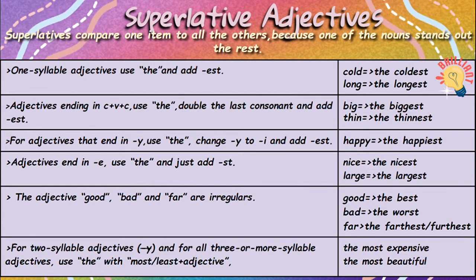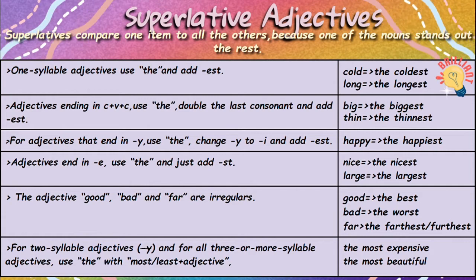Big becomes the biggest. Thin becomes the thinnest. For adjectives that end in y, use the, change y to i and add est. For example, happy becomes the happiest. Adjectives that end in e, use the and add st. For example, nice, the nicest, large, the largest.